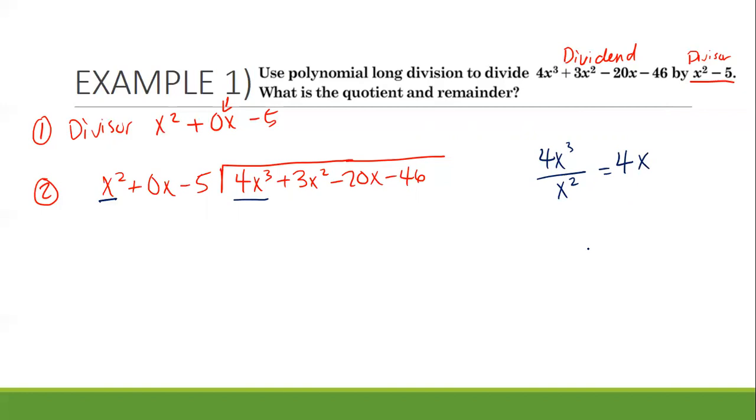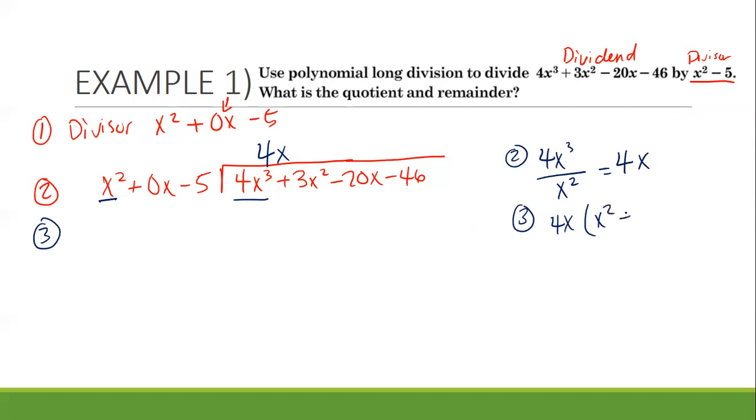Do we all agree with that? So we get 4x, and then we place that result on our quotient bar. So we have 4x. Step 3 says we're going to take that value and multiply our divisor by that value. So we're going to take 4x, I didn't mean to put 3 over there, and we're going to times it by our divisor.